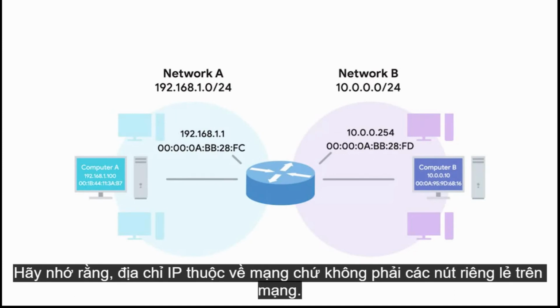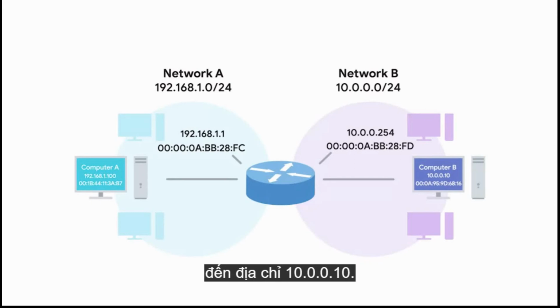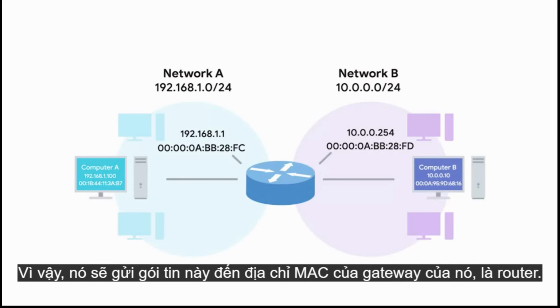A computer on network A with an IP address of 192.168.1.100 sends a packet to the address 10.0.0.10. This computer knows that 10.0.0.10 isn't on its local subnet, so it sends this packet to the MAC address of its gateway, the router.